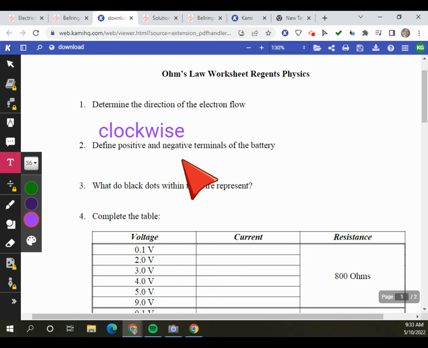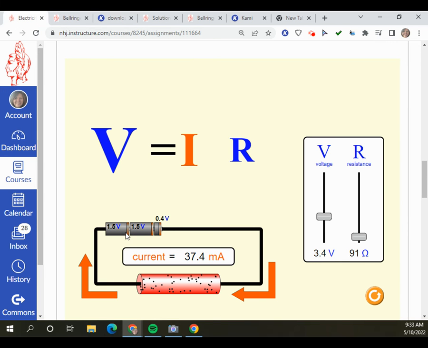Define positive and negative terminals of the battery. Well, I know what a battery looks like. Usually a little nubby end is the positive, but let's really think about this. If the electrons are flowing this way in a clockwise fashion, then they are attracted to this end. So this must be the positive end, and that must be the negative end because they are pushed away from the negative end.